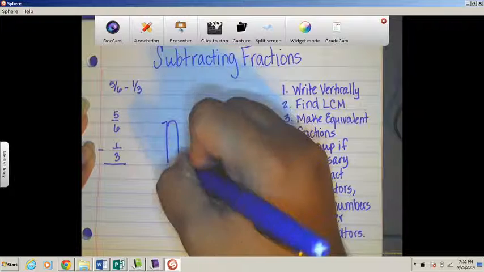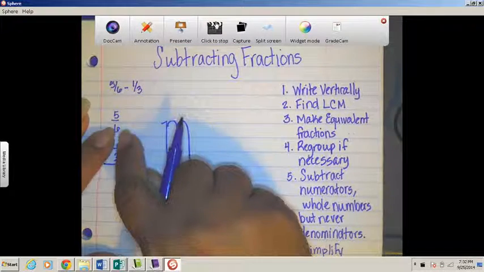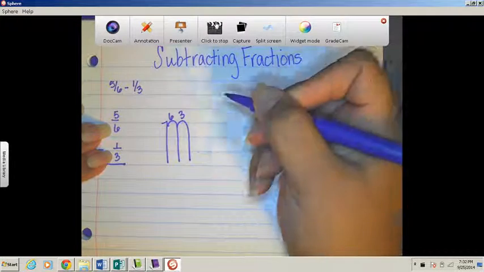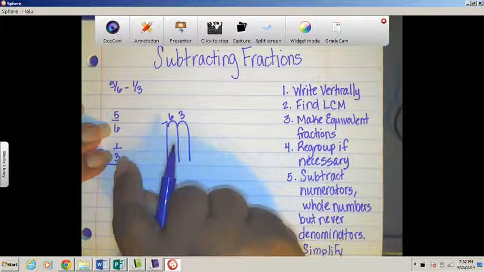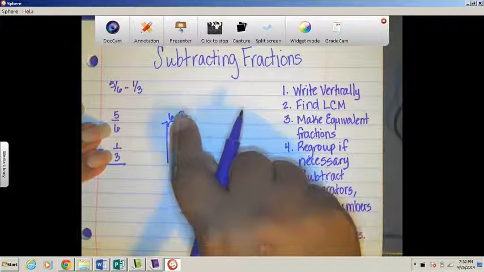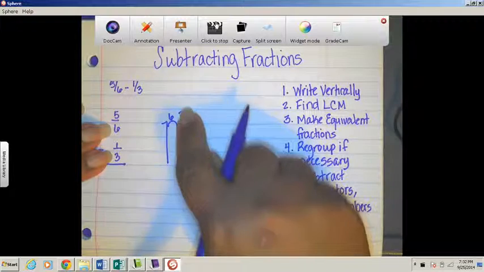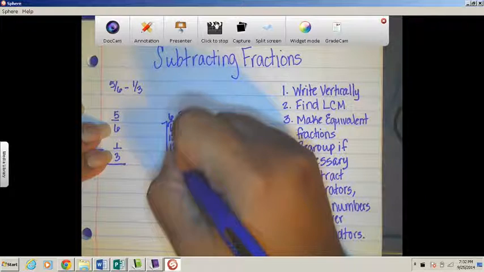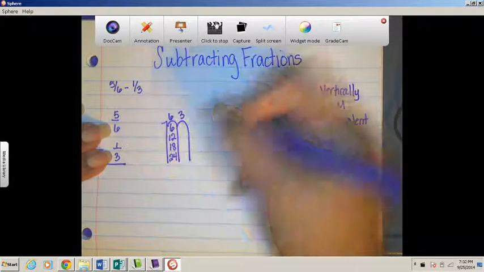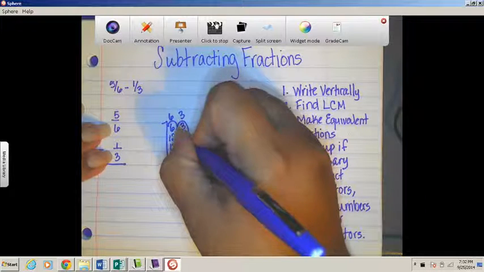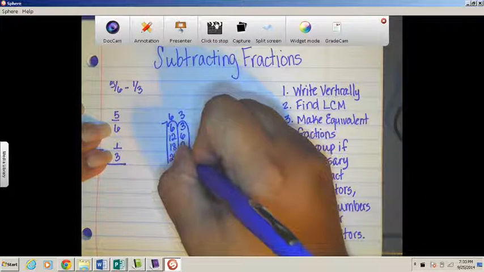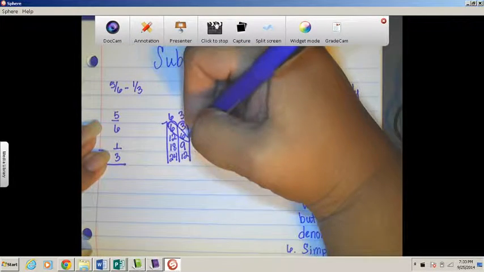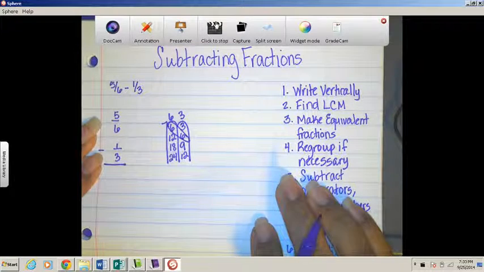I write my LCM. I put my denominators over here. These are my denominators. I'm going to find the multiples of my denominators. 6, 12, 18, 24. 3, 6, 9, 12. 6 is my least common multiple.